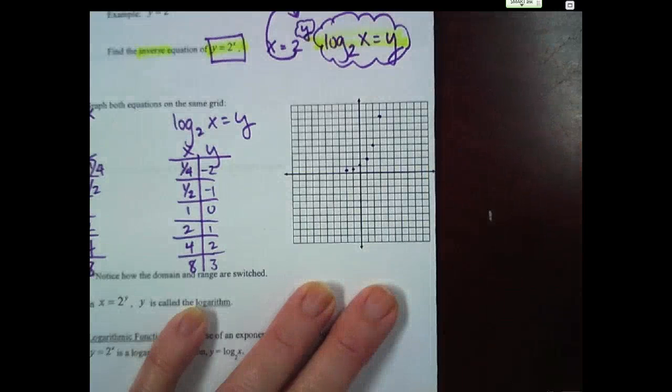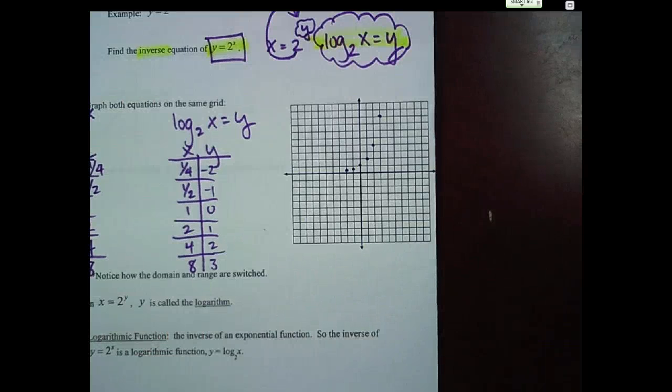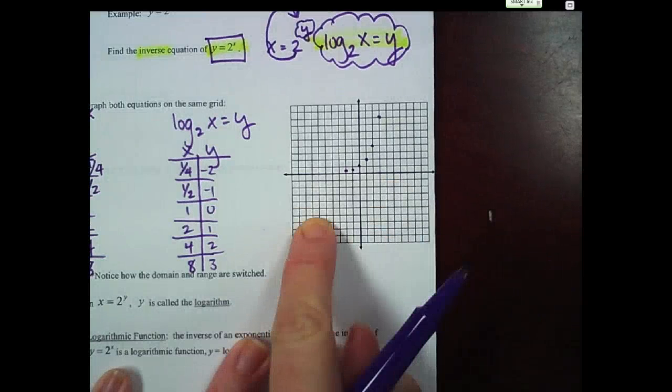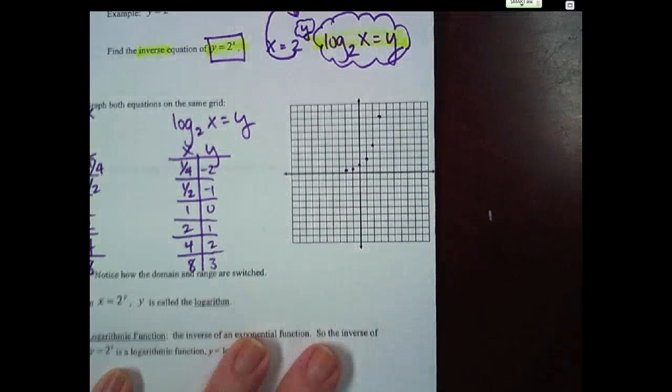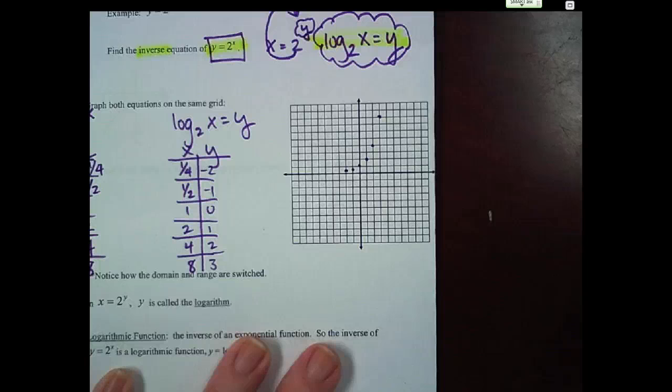Okay, what do you notice about the output? All the y's are up top in quadrants 1 and 2, aren't they? Are any of the y values down low? No. We have negative x's, but do we ever get any negative y's? No. Because if you raise it to a negative, the fraction just gets smaller and smaller.